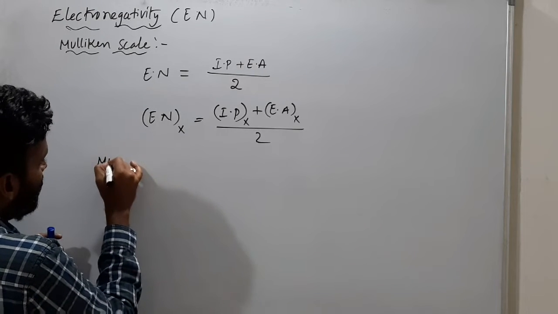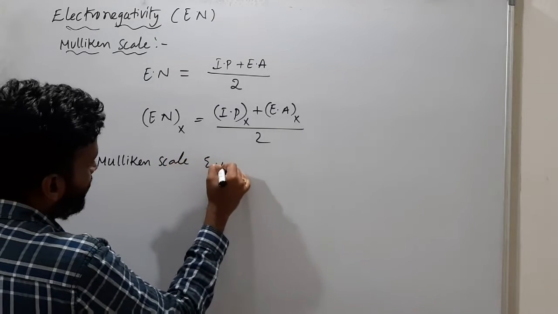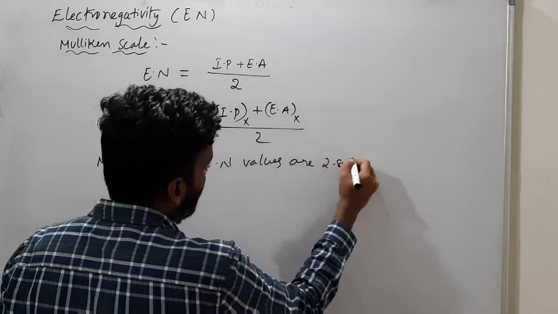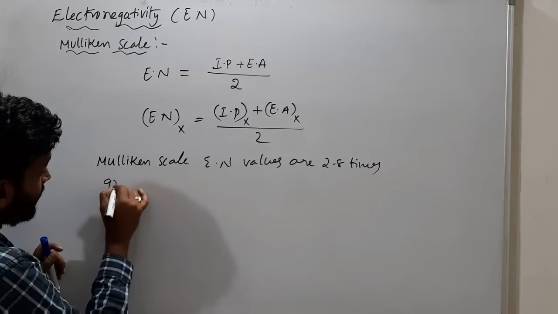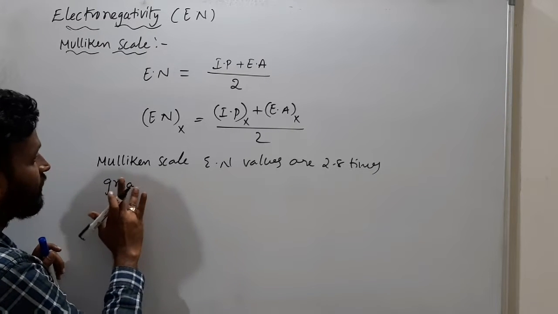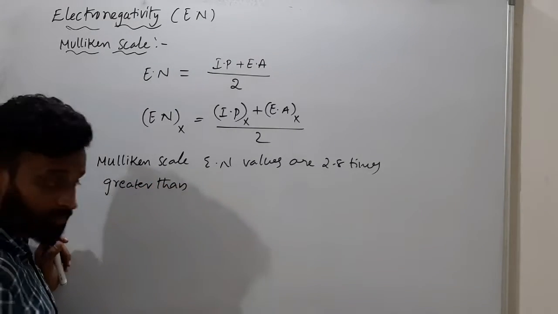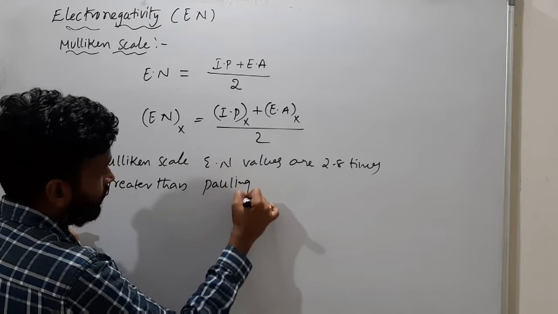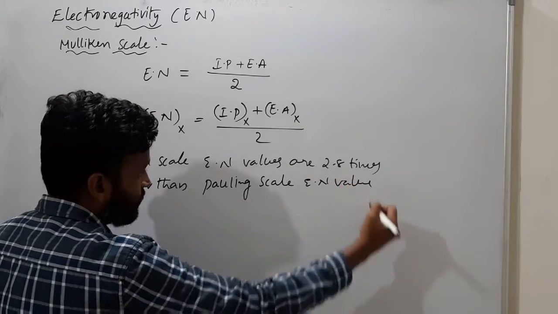So what I said, Mulliken scale electronegativity values are 2.8 times greater than Pauling scale electronegativity values.